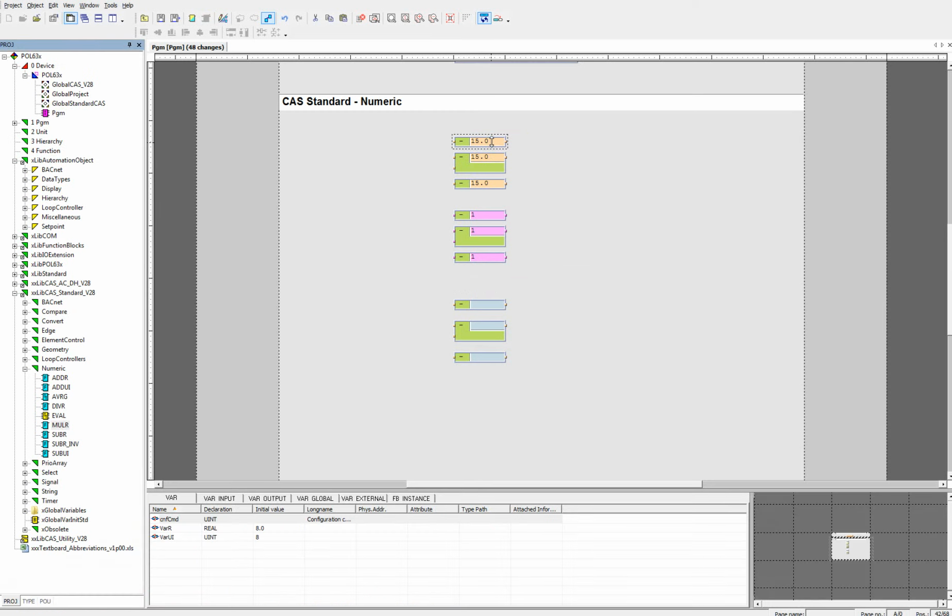Or we can write the name of the variable inside. So var real, var real, 15, which has the value 8.